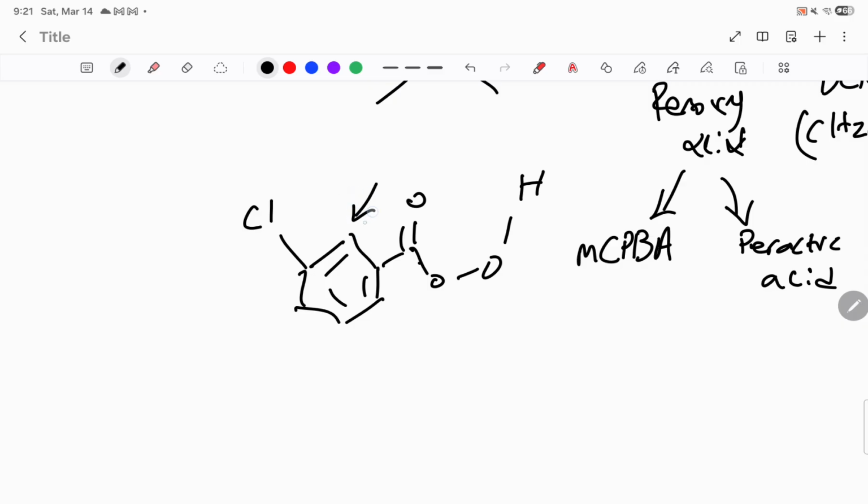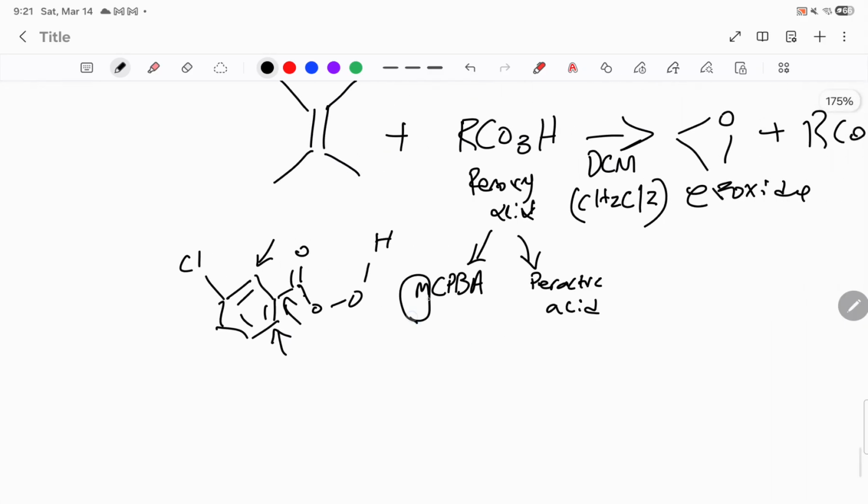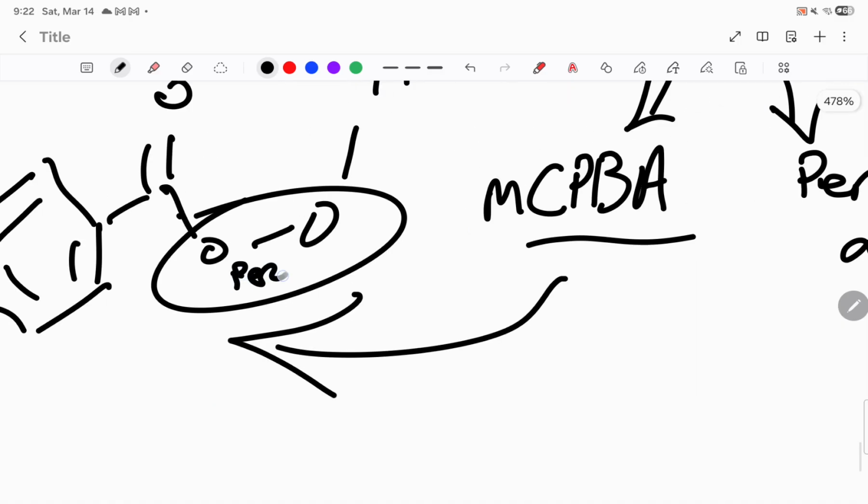This is the ortho position. This is the meta position, and this is the para position. So this is metachloroperoxybenzoic acid. The chlorine is in the meta position. That's MCPBA for you, and this right here is what we're interested in, the peroxo bond.